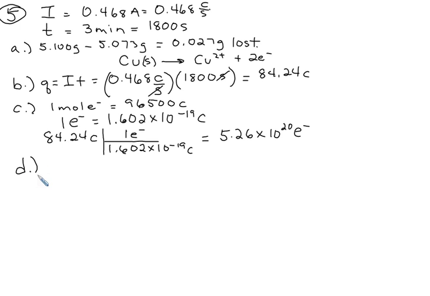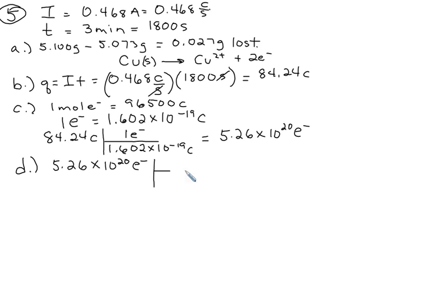All right, next question, D. D asks us, okay, well now you know the electrons that were exchanged, how many atoms of copper were oxidized in this reaction? So we're going to start with our number of electrons that were exchanged. We know that that's how many electrons were exchanged.